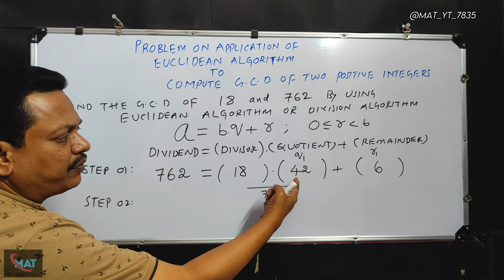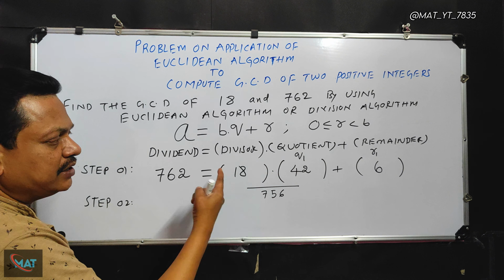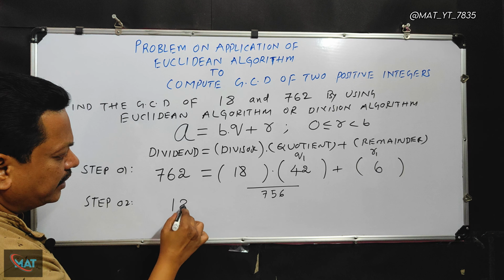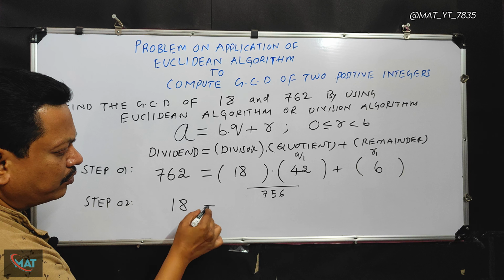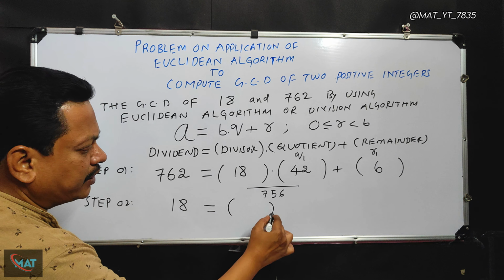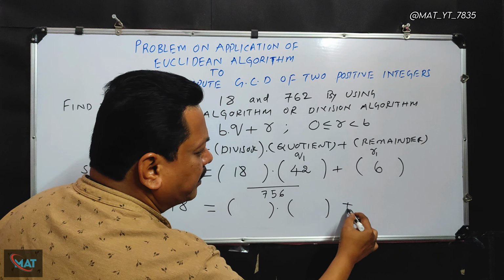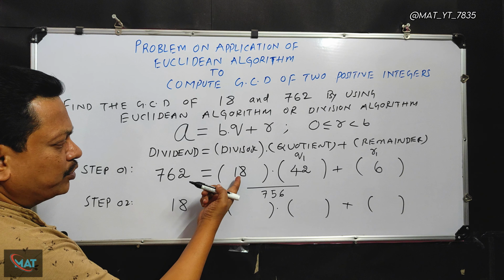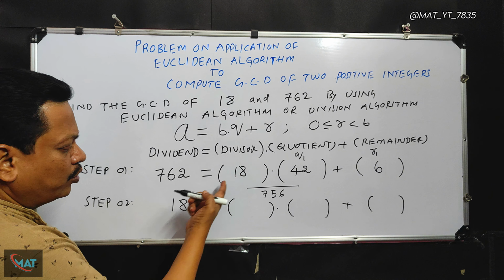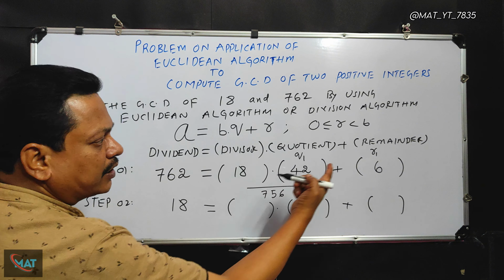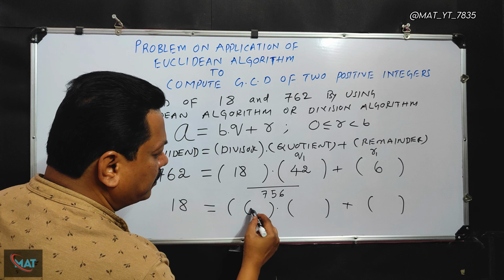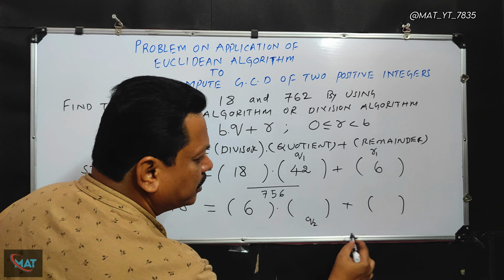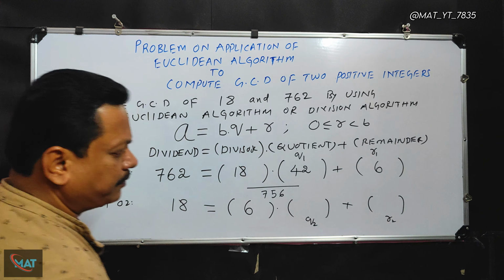So in the next step, the dividend is 18 is equal to, again you give three empty brackets, and just you see the slant position. In this position, 6 is going to come. Here, the remainder, whatever is left, is going to come. In the next stage, it is second quotient, second remainder.